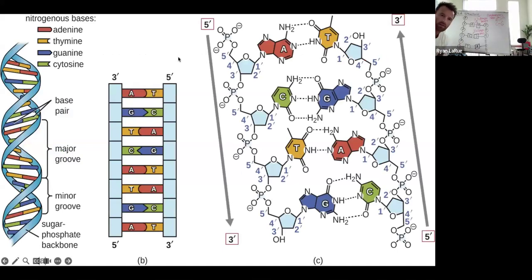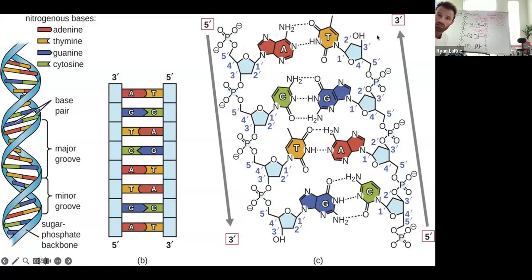You can see that all of the carbons in the sugars of all the nucleotides are labeled. You can see that the fifth carbon here, you can see my mouse cursor, is towards the top of this strand, whereas the third carbon of this nucleotide's sugar is towards the bottom. Now, imagine flipping the thing, and you'll see that everything is flipped on this side, right?